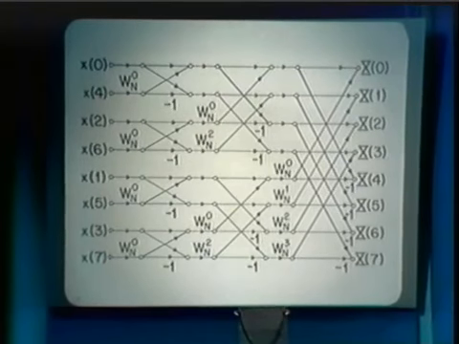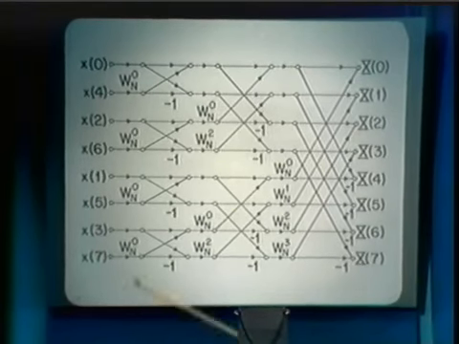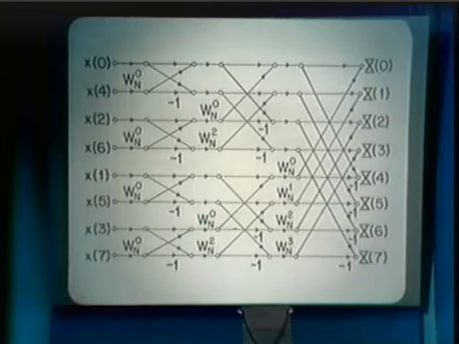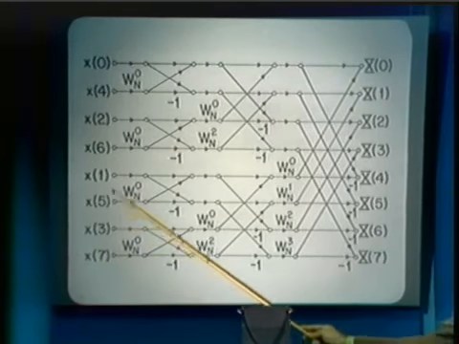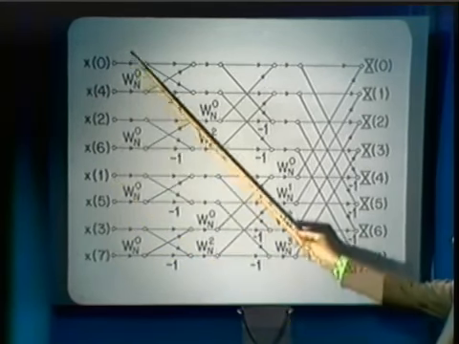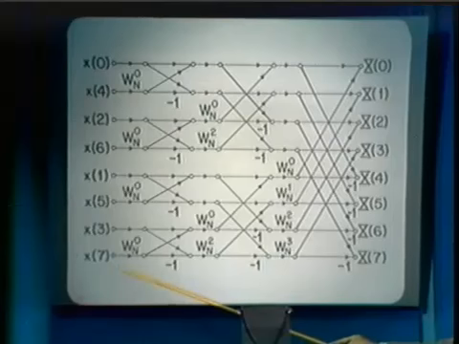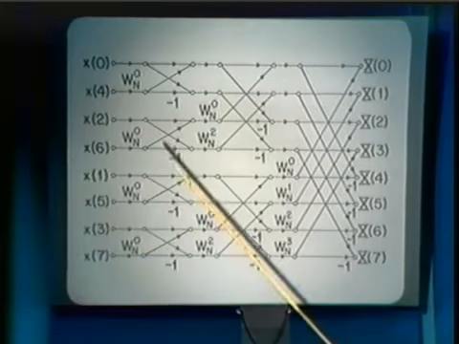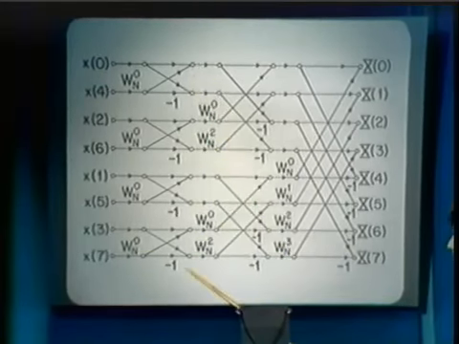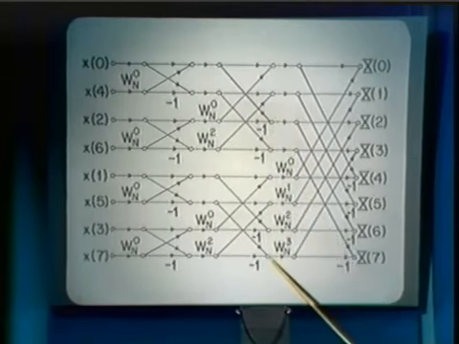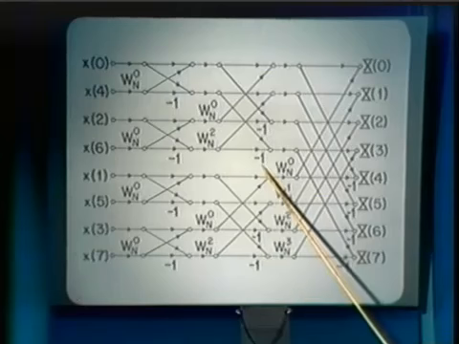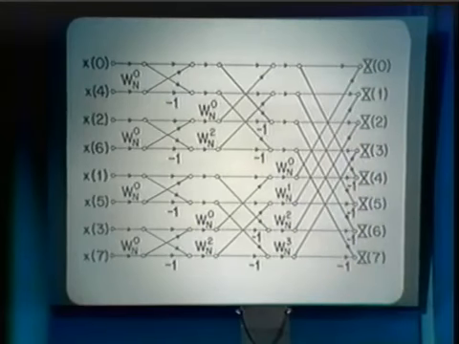In particular, what we recognize is that the flow graph in this form tends in a natural way to suggest organizing the computation as a computation on an input array, computing a second array at this stage, from these points computing this array, and from these points finally computing the DFT output points.